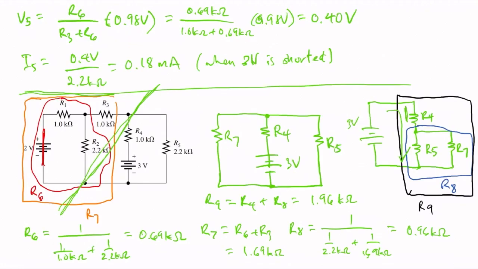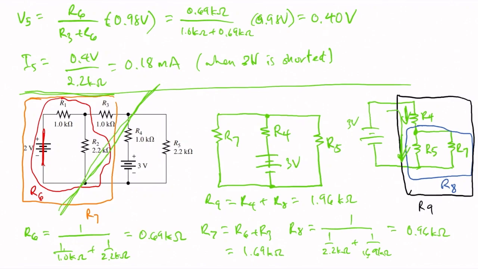So I4 is equal to 3 volts divided by 1 kilo ohm plus 0.96 kilo ohms. So I4 is equal to 1.53 milliamperes. So this is the current passing through R4, but it's also the same current passing through R8. And that current separates into two currents, I5 and I7 here.